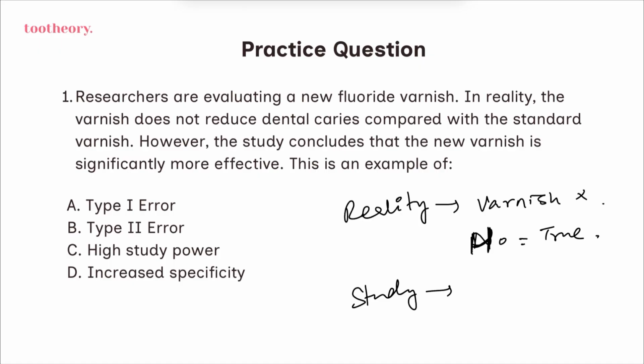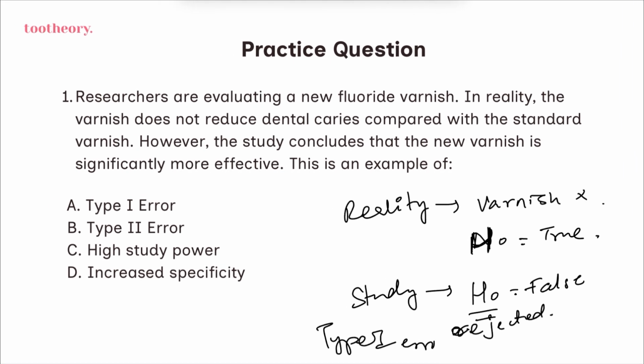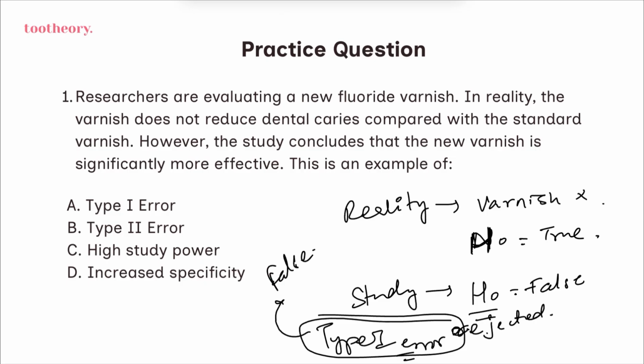Our study told us that the null hypothesis is false, or we can say that it rejected the null hypothesis, which means that it is a type 1 error. When we reject a true null hypothesis, it indicates a type 1 error, or a false positive. So the answer to this question is A.